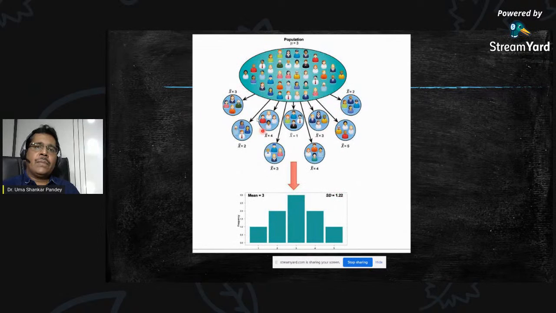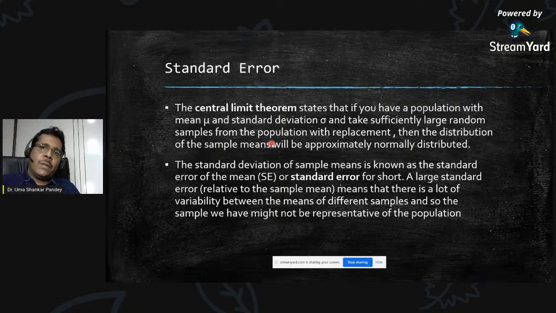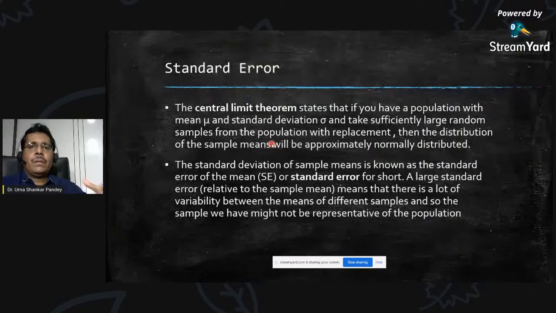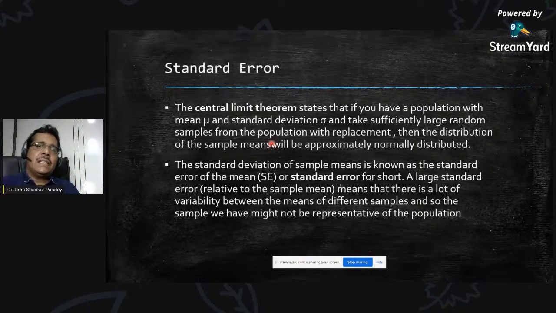This can be extrapolated, but this is the concept of standard error that we must remember. Also, we have the very important central limit theorem. It states that if we have a population with mean mu and standard deviation sigma, and you take sufficiently large random samples, then the distribution of the sample means will be approximately normally distributed, or the highest frequency will be for the population mean itself.